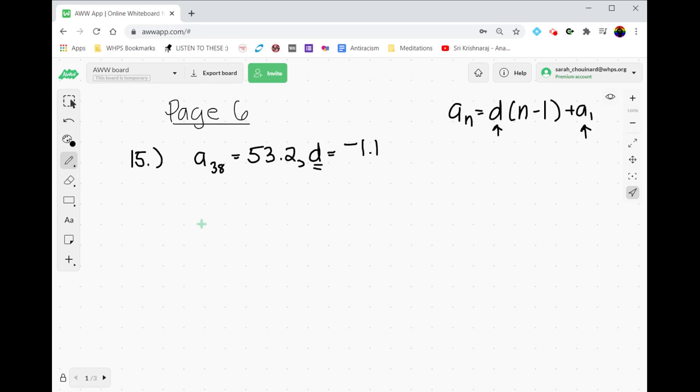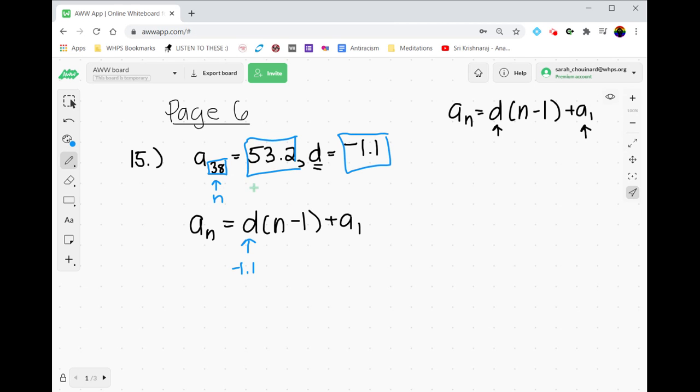To do that, I'm going to take the explicit formula and plug in what I do know. For this problem, I know that d is negative 1.1, so I'm going to replace that in for d. I also know a sub 38 is 53.2. 38, the little subscript number, is n, and 53.2 is the a sub n value.